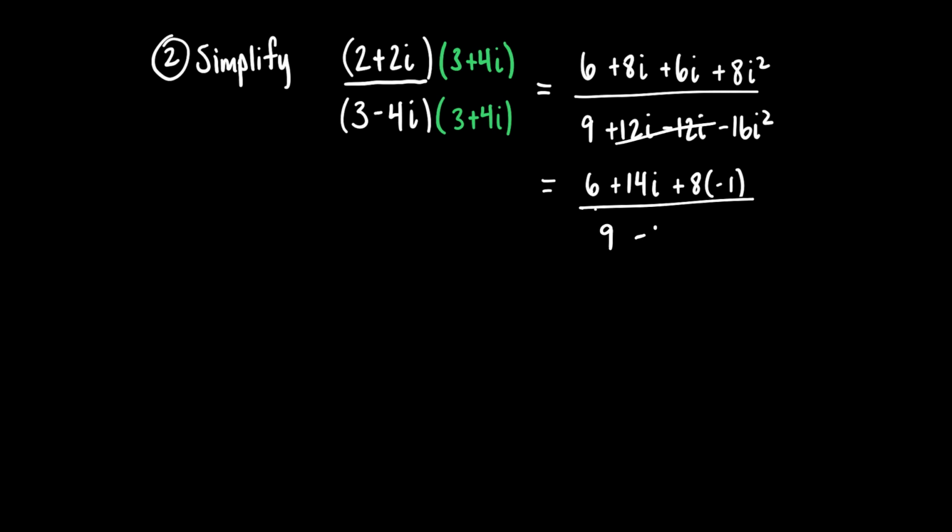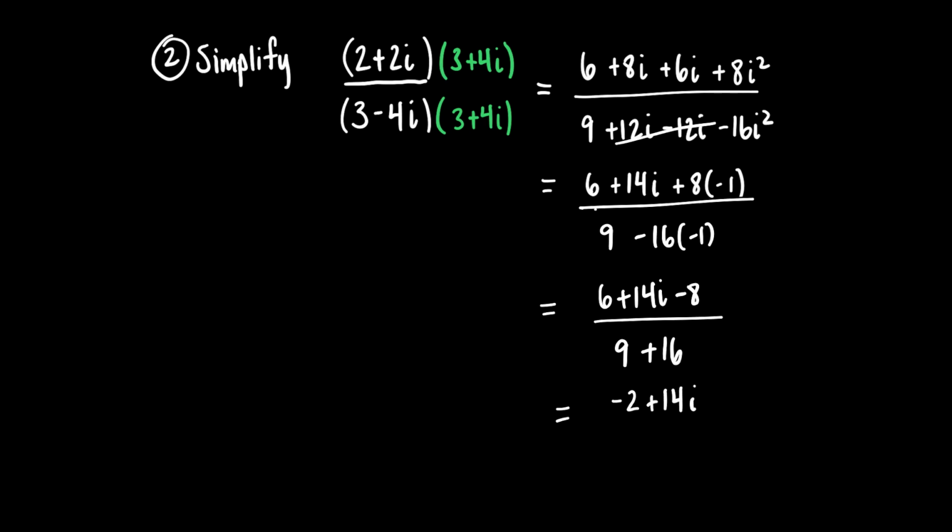And then we've got minus 16i squared. Instead of i squared, I'm going to put negative 1 there. All right. So we got 6 plus 14i minus 8 over 9 plus 16, which is negative 2 plus 14i over 25.